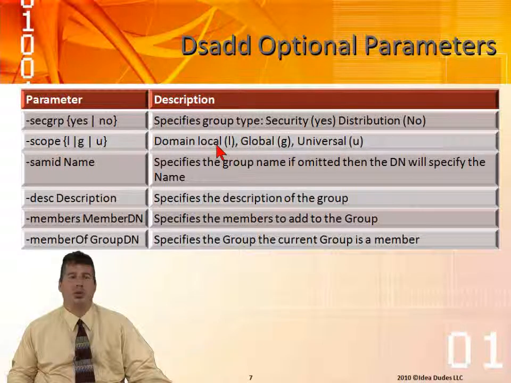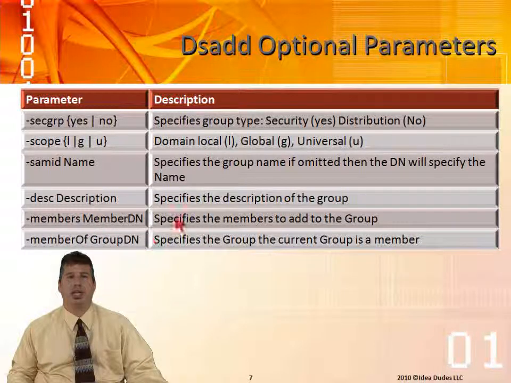So it's domain local, global, and universal. Then the SAM ID name specifies a group name; if omitted, the DN will specify the name. This is going to be the actual pre-Windows 2000 name. And then dash desc, which is the description of the group.